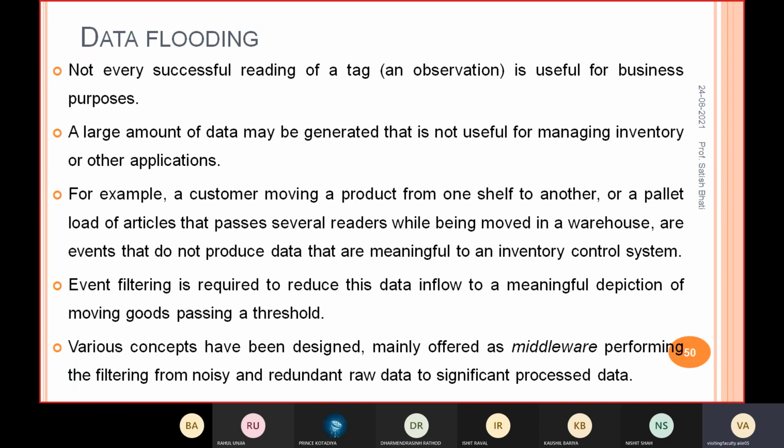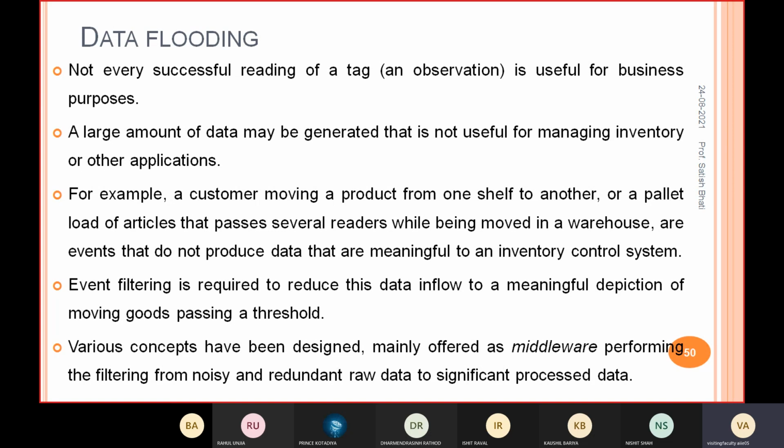So, for example, you have implemented the system in your warehouse, and the warehouse is so large that you have to put a reader after some interval, after some distance, you have an RFID tag reader.